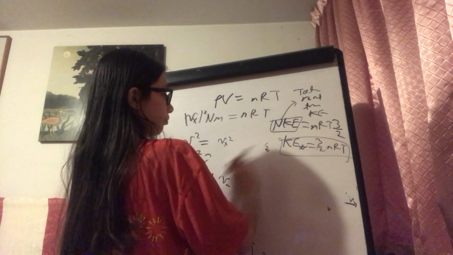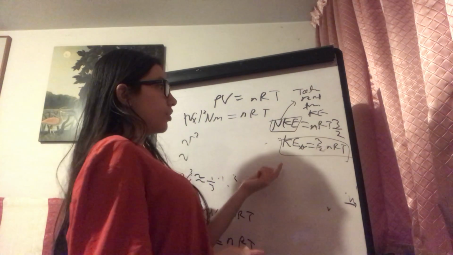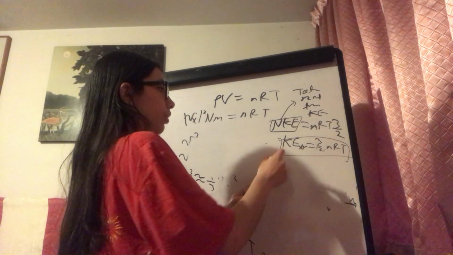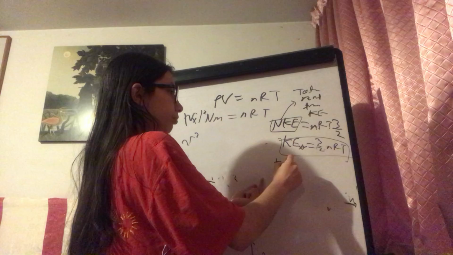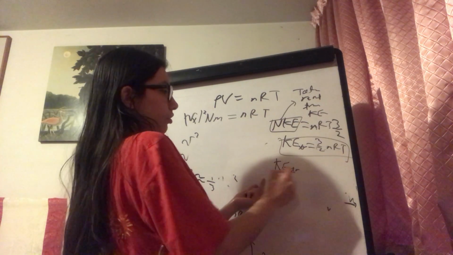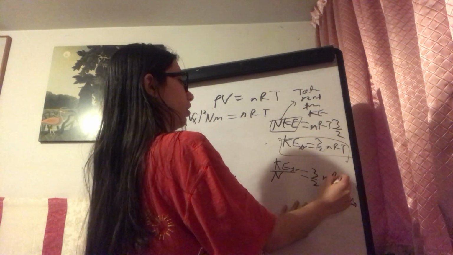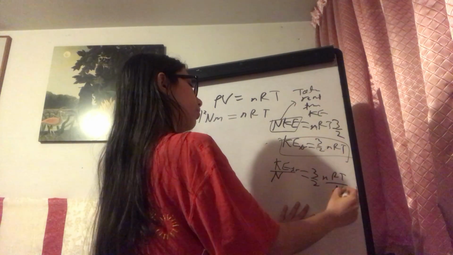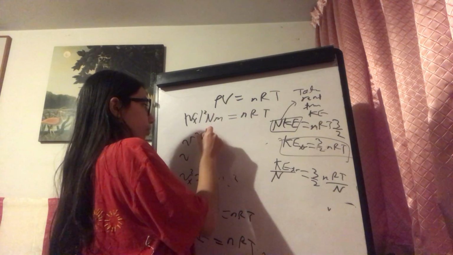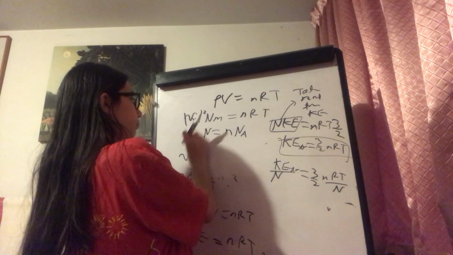Next, if we want to know the translational kinetic energy of one molecule of gas, then we will divide this by the number of molecules. So this will be equal to 3 halves of nRT divided by the number of molecules. Now, remember that the number of molecules is equal to the number of moles times Avogadro's number.